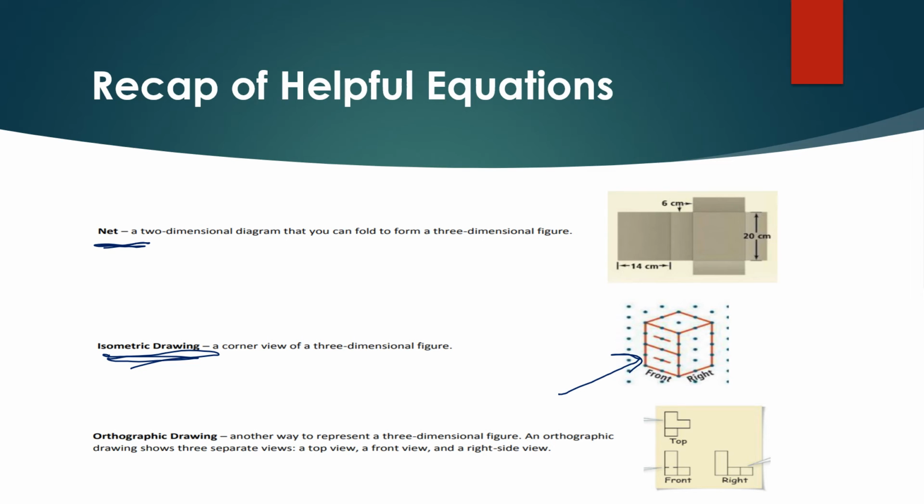And then the one we just talked about, the orthographic drawing, is where we take the front view, the top view, and the right view of a 3-dimensional figure and just draw them as 3 separate 2-dimensional figures. So you'll usually see isometric and orthographic drawings grouped together.